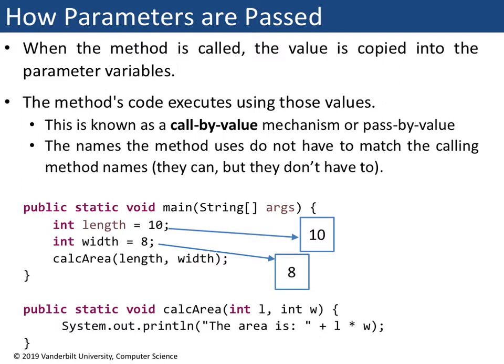So this is an expression, and the expression is just the variable width, and this expression evaluates to the value 8, and the value 8 is then copied into the parameter W, and then they have no more association.